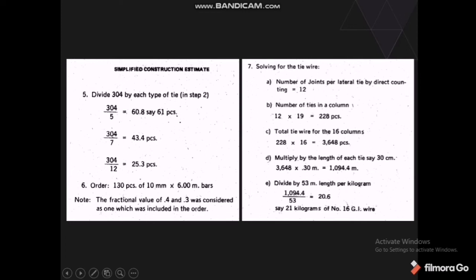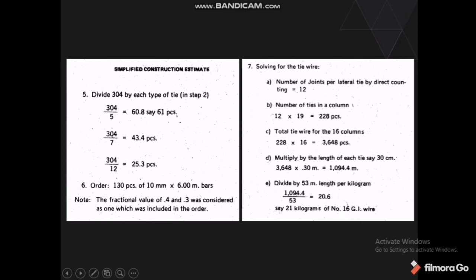So 304 divided by 5 pieces, 7 pieces, and 12 pieces. That is 60.8, say 61 pieces, and 304 divided by 7 is 43.4 pieces, and 304 divided by 12 is 25.3 pieces. For the sixth part, order 130 pieces of 10 millimeter times 6 meter bars. And note, the fractional values of 0.4 and 0.3 were considered as 1, which was included in the order.